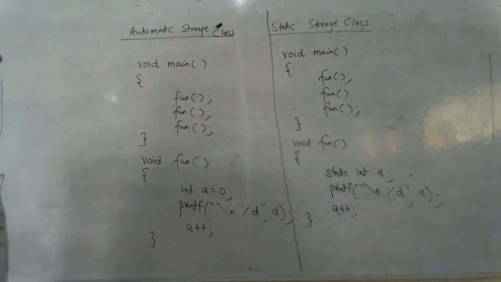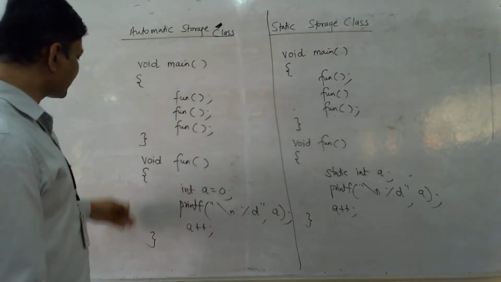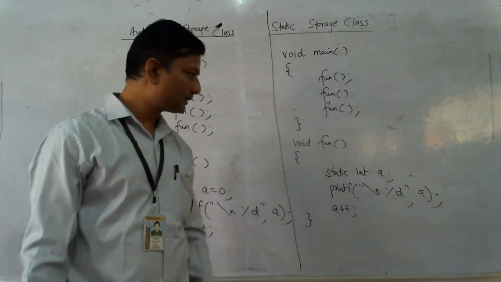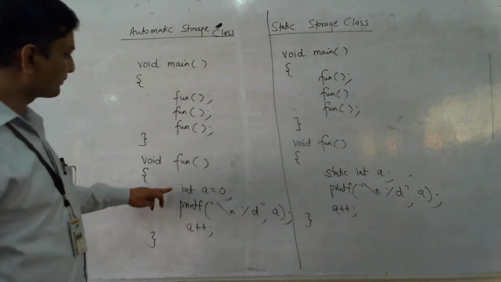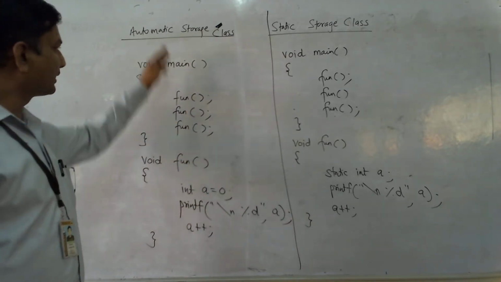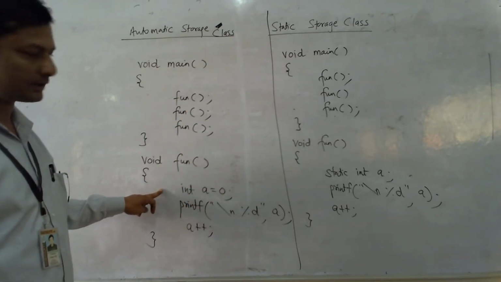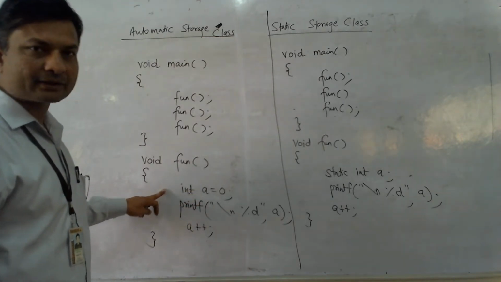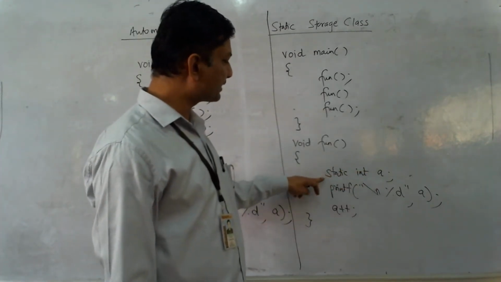As we can see, in both sections the examples of automatic storage class and static storage class are the same. The only difference is the storage class to which this variable belongs. In this example, I have not mentioned the keyword of any storage class, so obviously this variable belongs to automatic storage class. In this example, I have mentioned the keyword static.